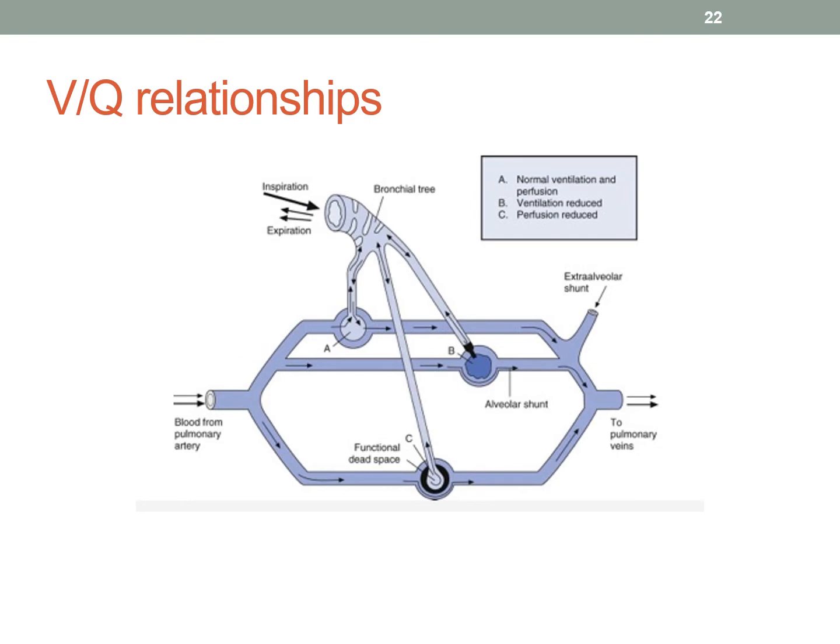This again is in your textbook, just demonstrating what this would look like. With A there, you're looking at normal ventilation and perfusion, so you have both going on, which is the good thing. B, you can see there that your ventilation is reduced, but you still have perfusion.